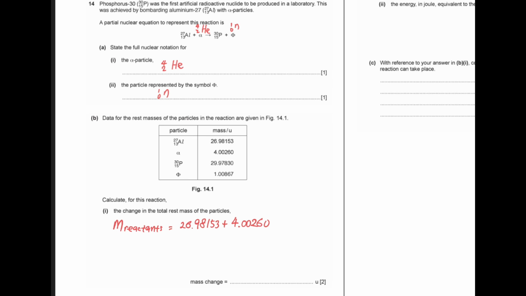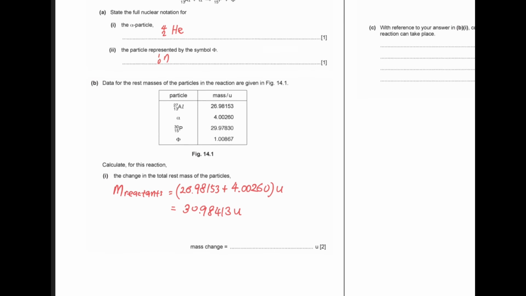We use a calculator to add up these two. This is in terms of U, so it is 30.98413 U. So this is the total mass of the reactants.